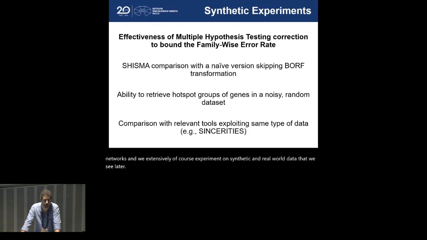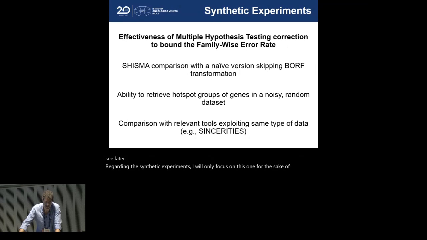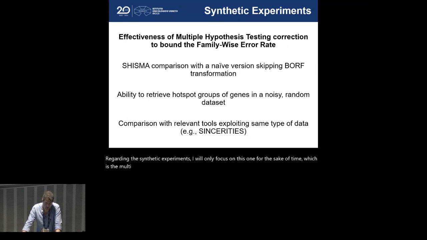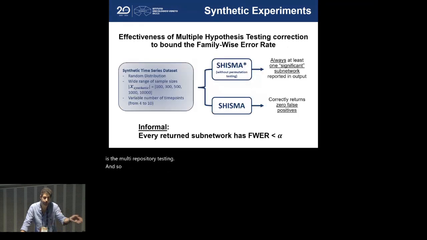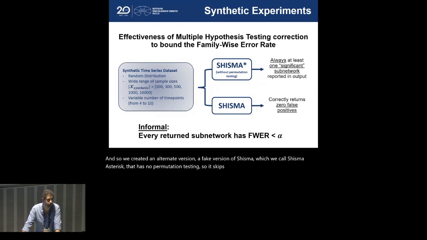Regarding the synthetic experiments, I will only focus on this one for the sake of time, which is the multi-hypothesis testing. And so we created an alternate version, a fake version of SHISMA, which we call SHISMA asterisk, that has no permutation testing. So it skips the bounding of the family-wise error rate.